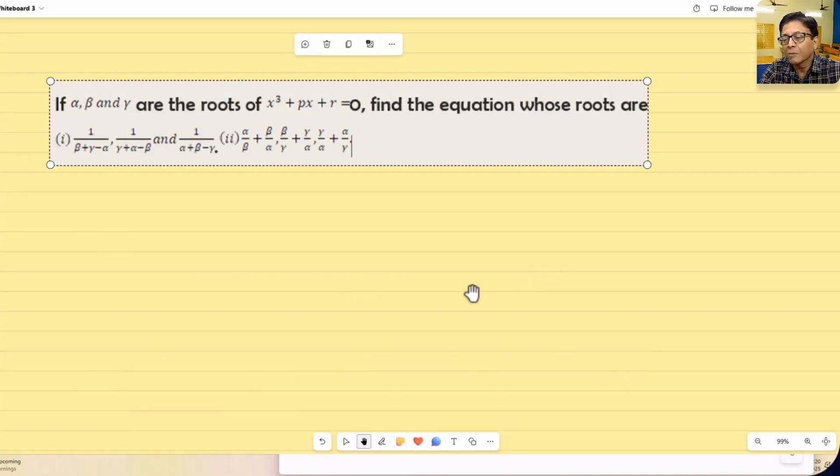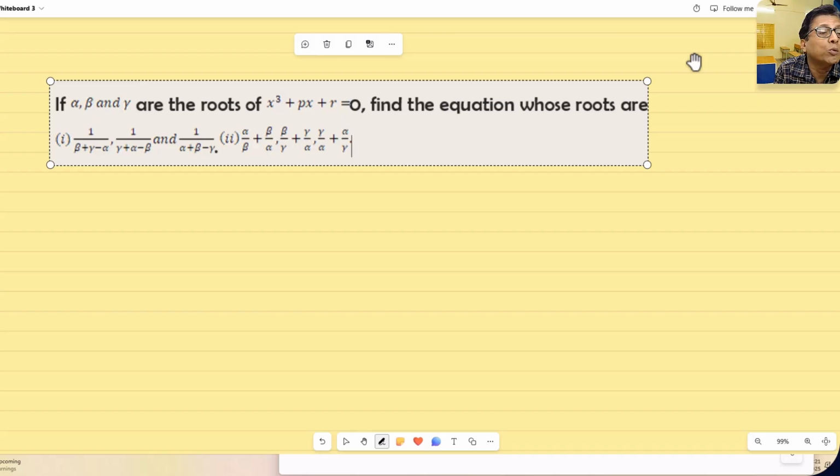How does transformation of equation help in this case? Given that alpha, beta, gamma are the roots of the equation, find the equation whose roots are this, this and this. Two questions I have asked here. How to get it? You cannot find the sum of these the way you did it for quadratic: sum of the products taken 2 at a time, sum of the products taken 3 at a time, or product of roots.